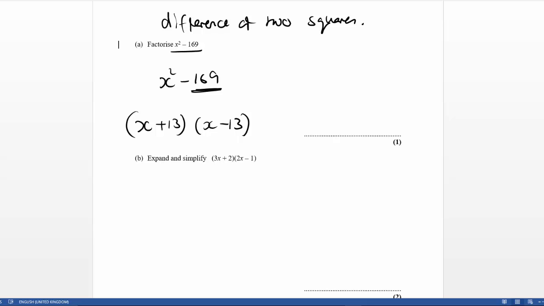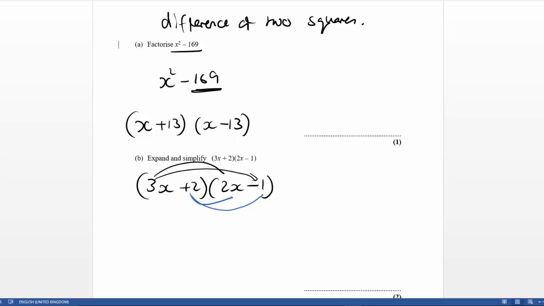With the next part, you're going to have to expand these two brackets out. 3x plus 2, 2x minus 1. Expand those, get a different color. Those and those, okay?